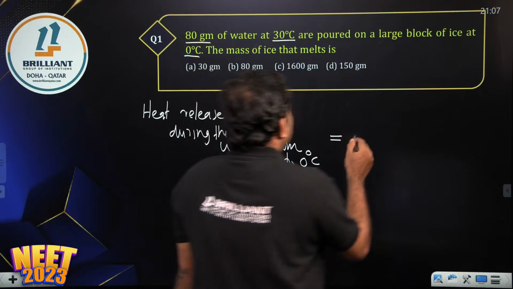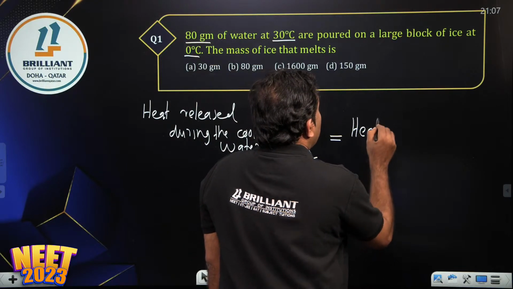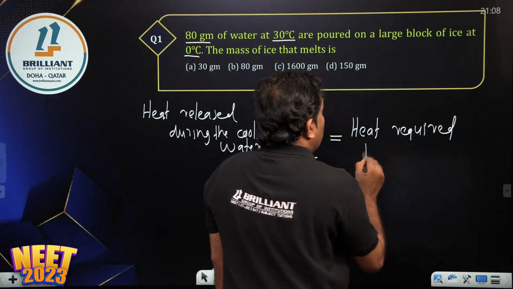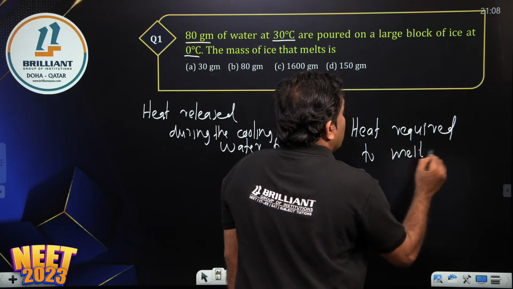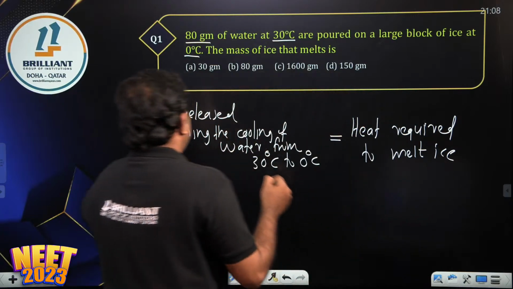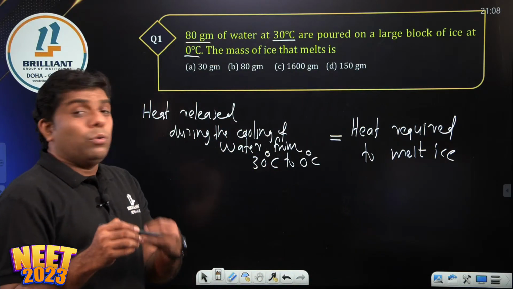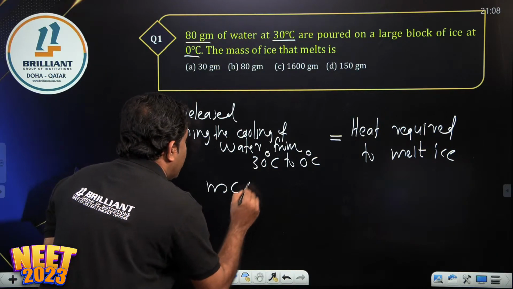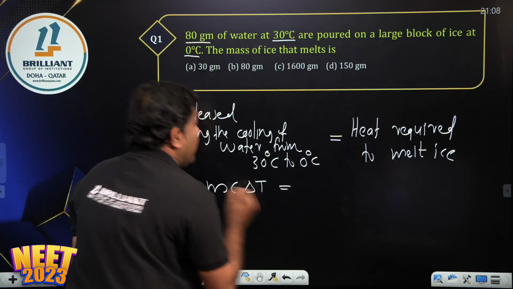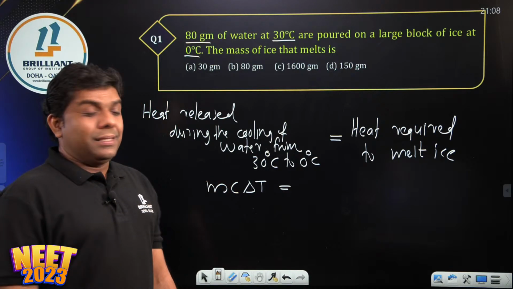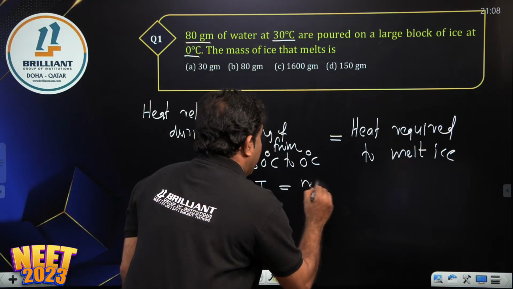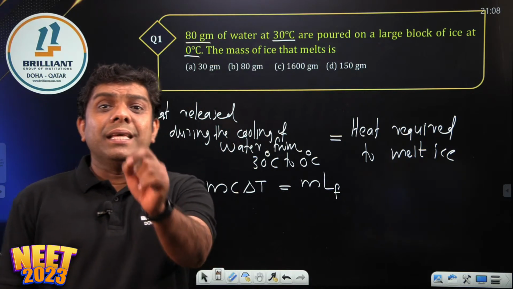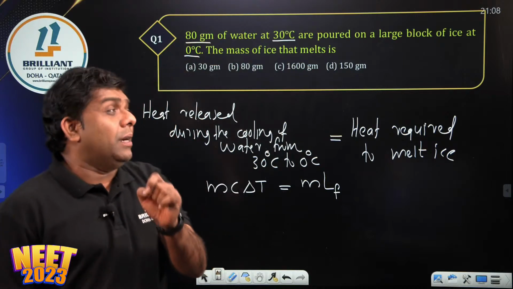So heat released during the cooling of water, MC delta T, is equal to the heat required to melt ice, M L_F.